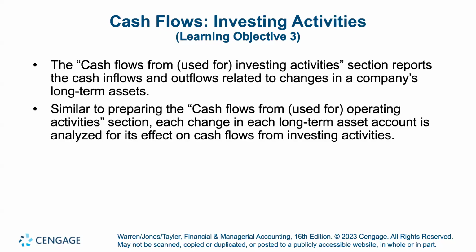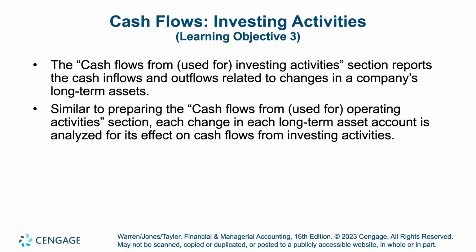So the other two sections of a statement of cash flow are investing activities and financing activities. These are other ways the business either brings in money or pays out money that aren't part of their normal operating. So investing activities is really just those activities where we are buying long-term assets or selling off long-term assets.